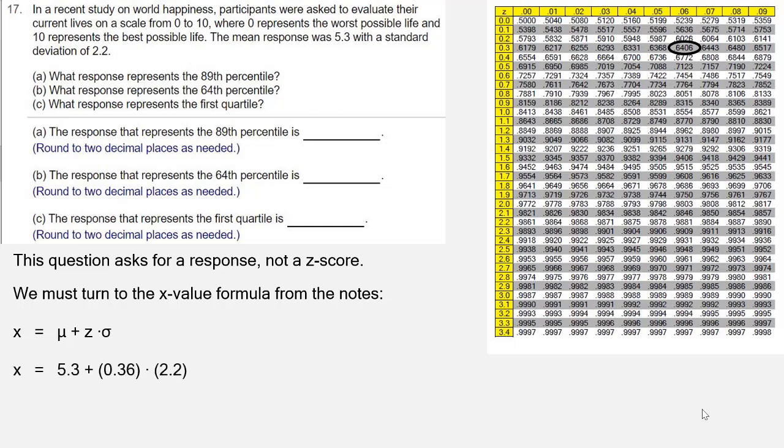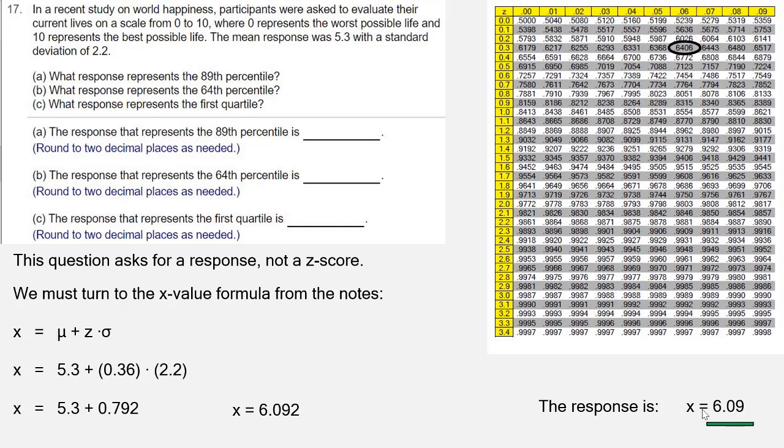So we get 5.3 plus 0.36 times 2.2, which gives us 5.3 plus 0.792. Added together, that's 6.092. We want to round that off to 2 decimal places. And so the response that represents the 64th percentile is 6.09.